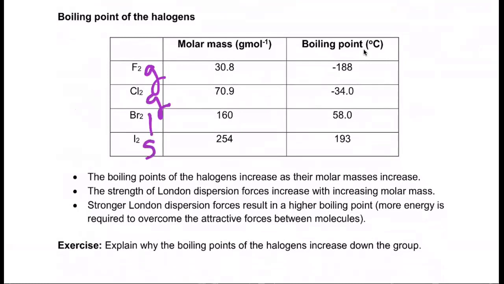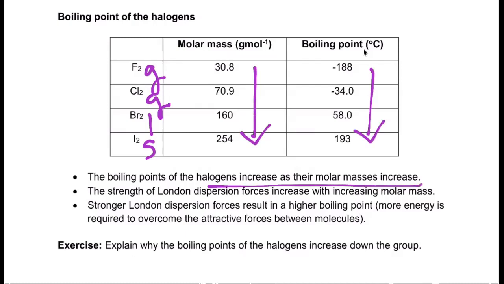The reason that their states of matter change as you go down the group is because of this intermolecular force. If you look, the molar mass is increasing as you go down. That makes the boiling point increase. So they increase as the molar mass increases.